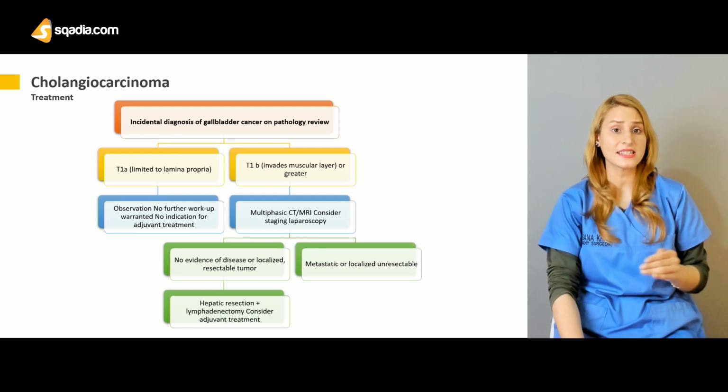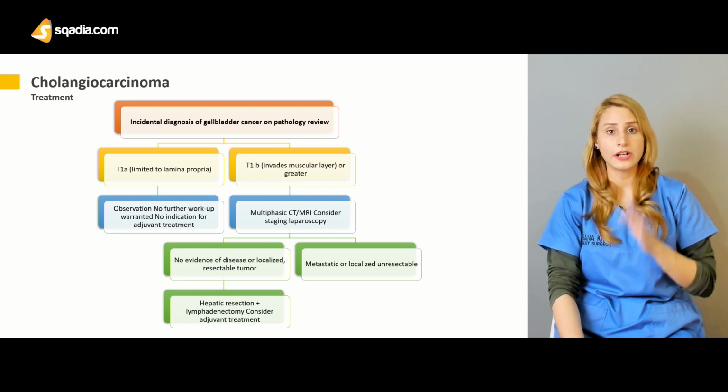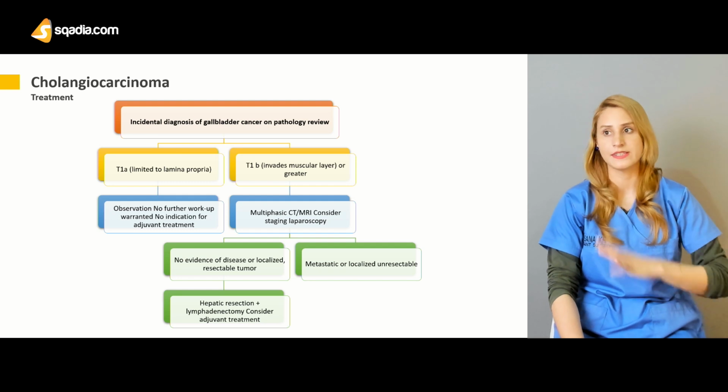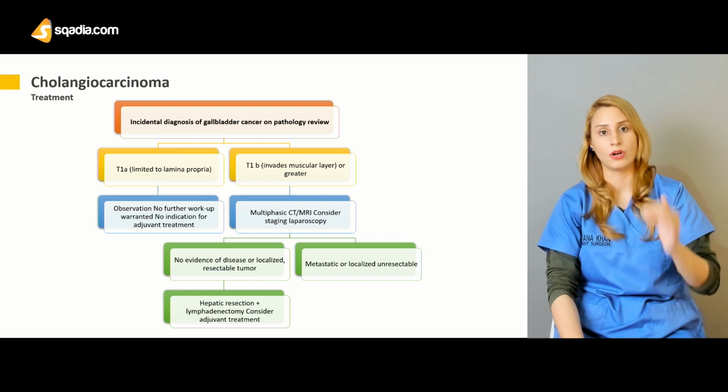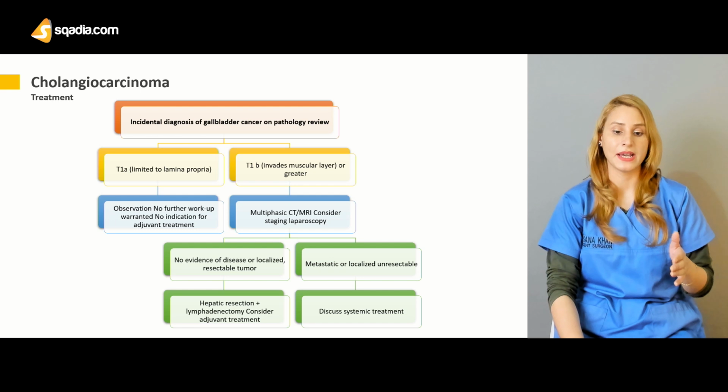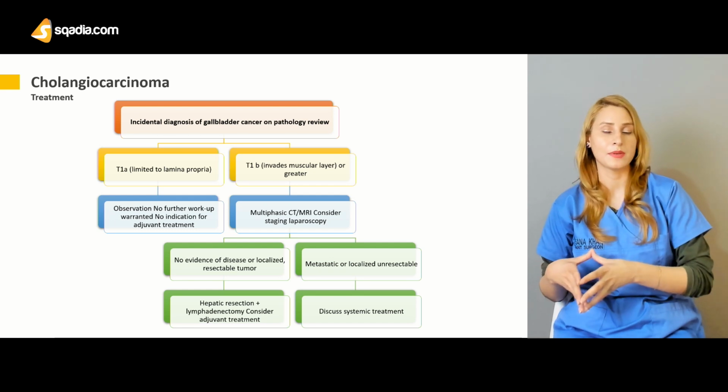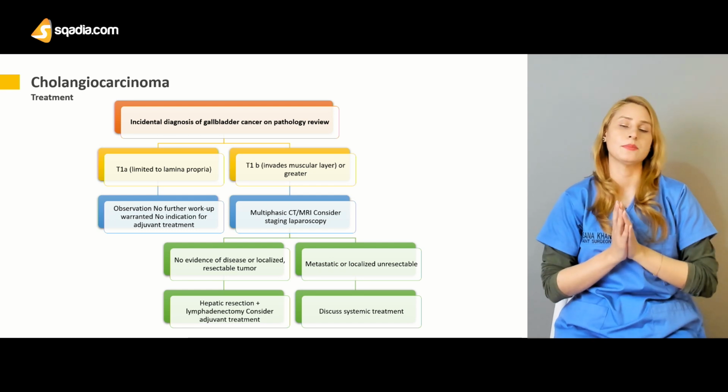Now, if there is metastatic disease, or it's localized but not resectable, it has already invaded the portal vein or superior mesenteric artery or common hepatic artery, then you have to discuss systemic therapy. You have to put your patient on chemotherapy.